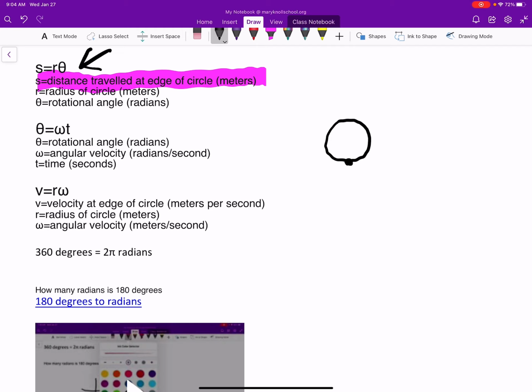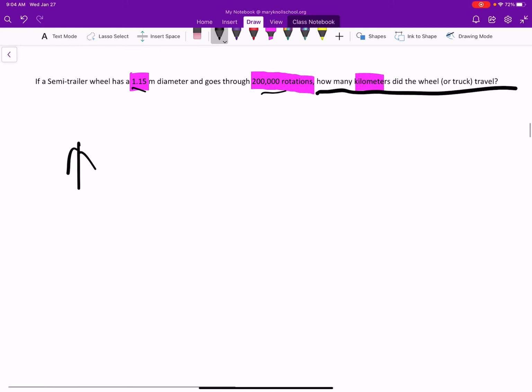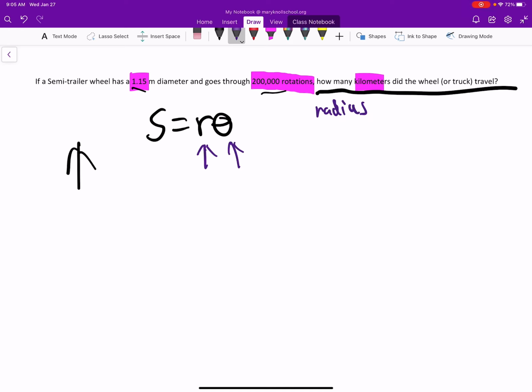Let's go ahead and put that down. S equals R theta. Now, this R value is the radius. And this is the angle value, or the amount of rotation.